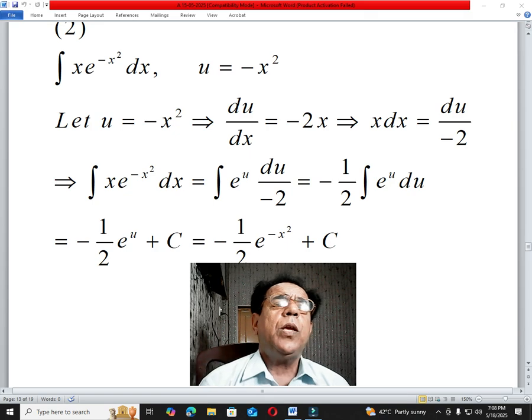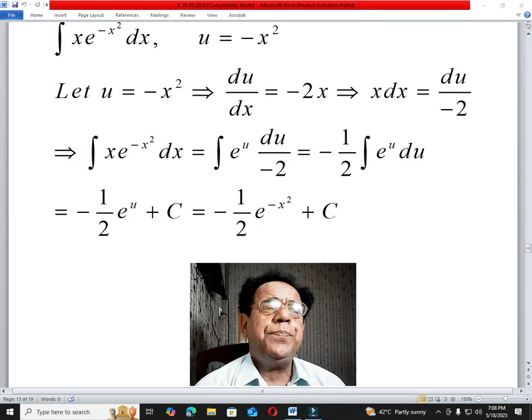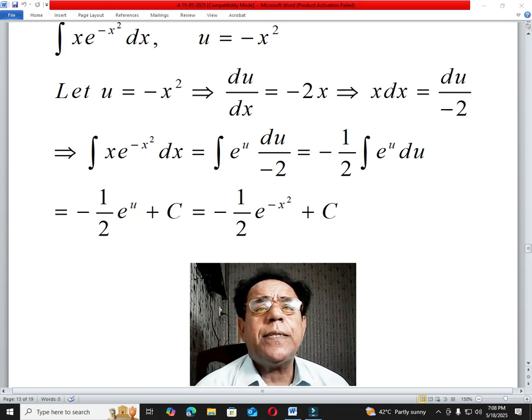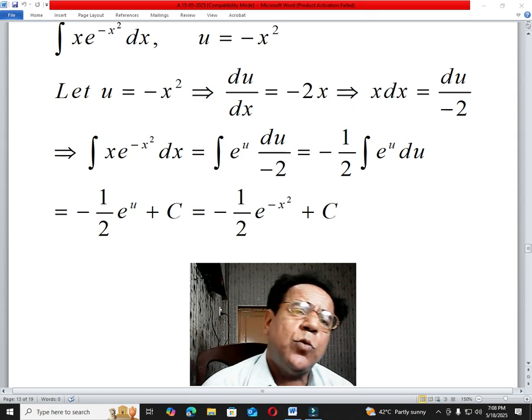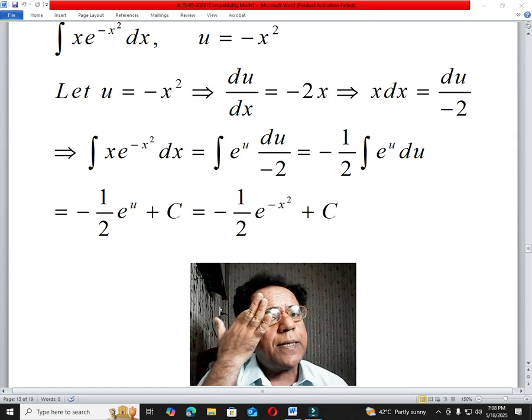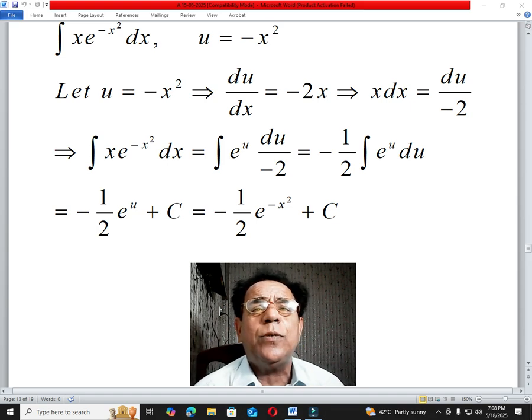Now according to the formula of integration, first this minus 1 by 2, which is a constant, will be written prior to the sign of integration. So minus 1 by 2 will be taken out, and we will get integration e^u du, and we know that integration of the exponential function is exactly the same as it is, no change.